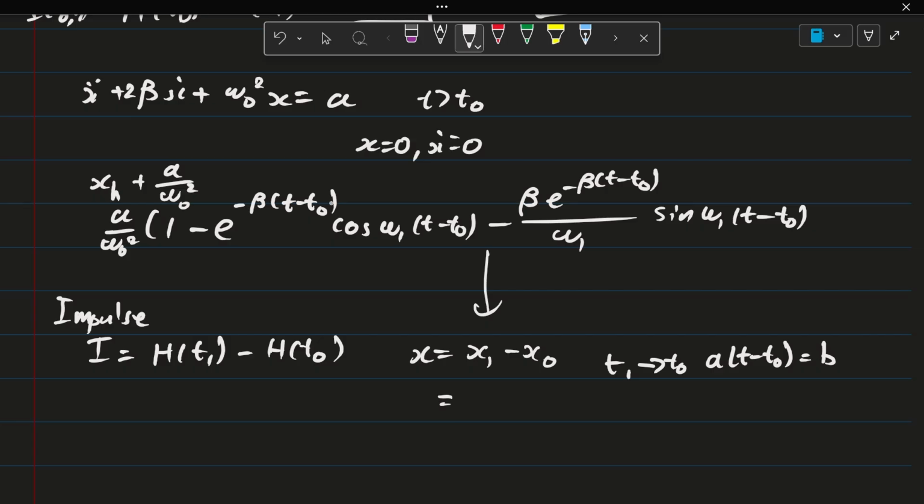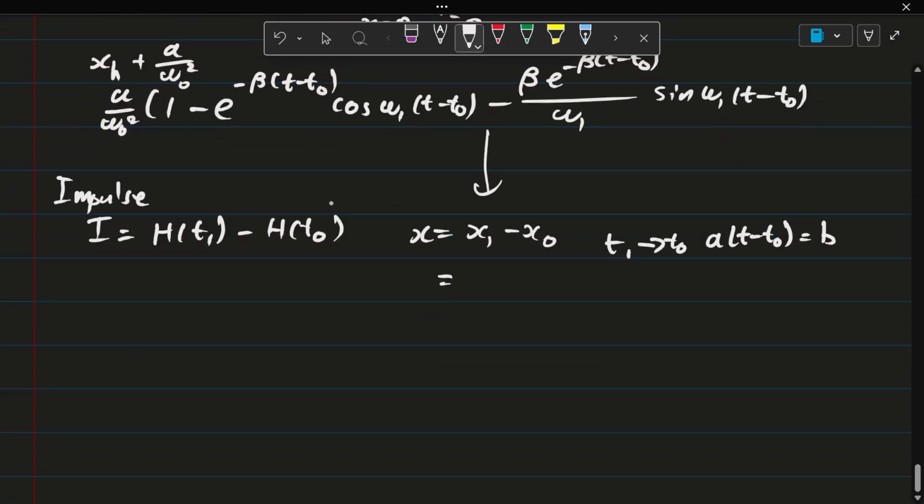When we compress everything together in the limit, we would get b over omega 1 e to the power negative beta (t minus t0) sine omega 1 (t minus t0). And now this becomes a much more powerful tool. Let's just state that b equals 1, so this is a unit impulse.